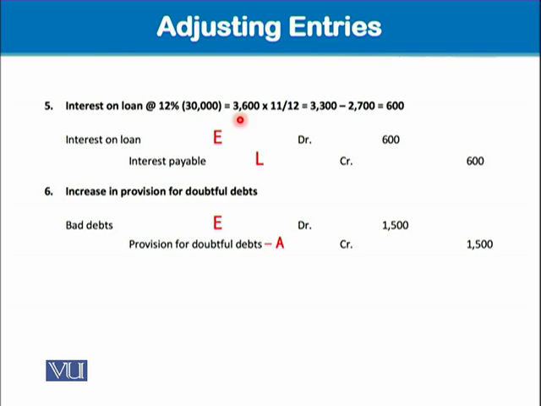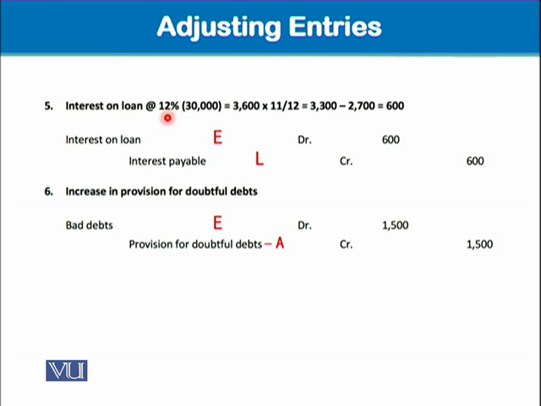But in the adjustment, it was written that the loan was taken 1 month after the start of the year. So if it is so, then it means we are obliged to pay interest on loan equal to 11 months. Whereas this 12% is the rate per annum.